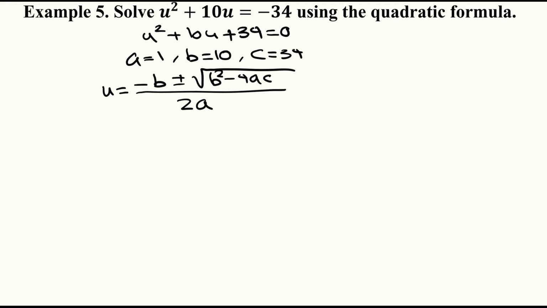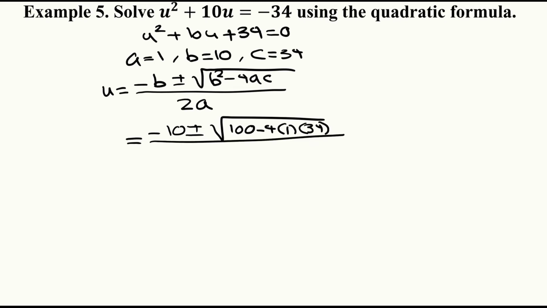You should definitely be trying these on your own before you come to watch the rest of the video, for your own benefit. So we end up with the opposite of b, which is negative 10, plus or minus square root of b squared, which is 100, 10 squared is 100, minus 4 times a, which is 1, times c, which is 34, all over 2 times 1.